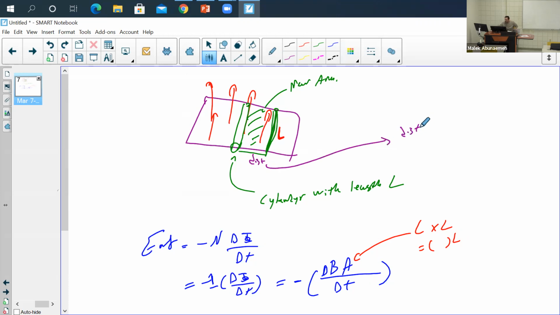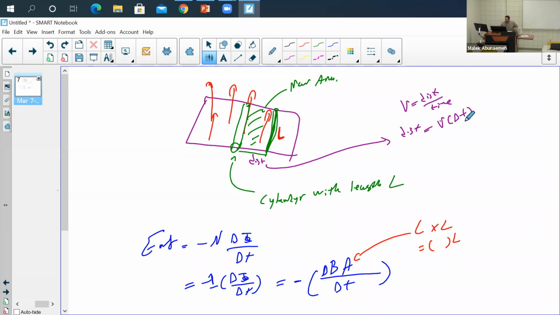Now, what does your distance equal to? Remember we said that velocity equals your distance over time. That means your distance is going to equal to your velocity multiplied by your change of time.